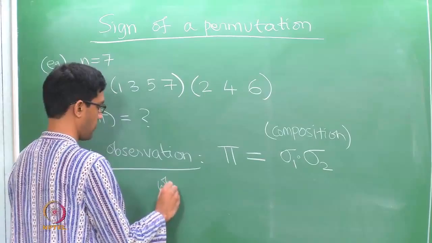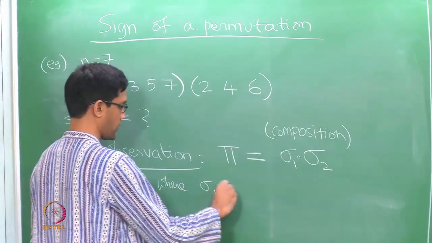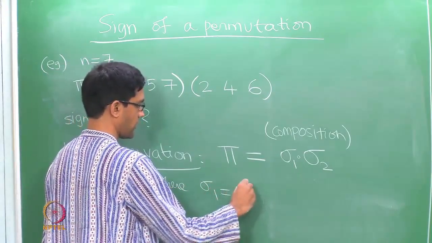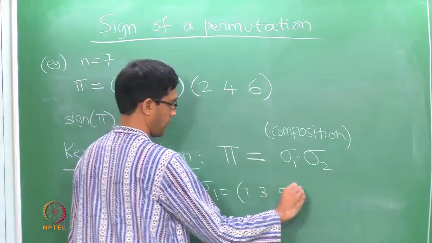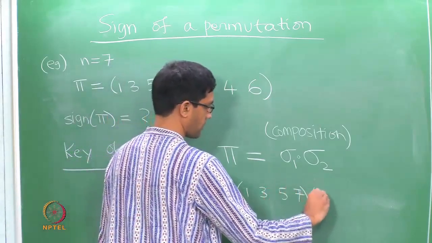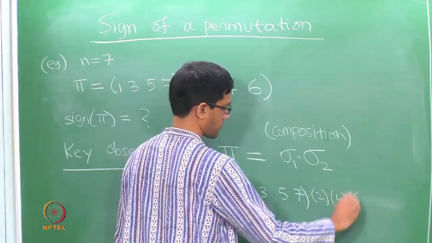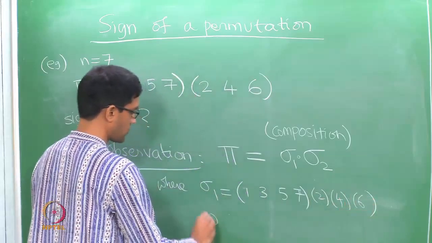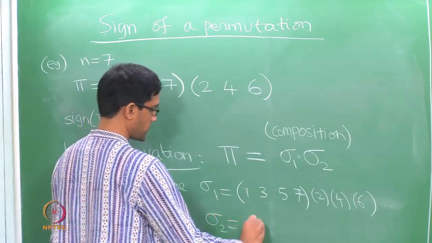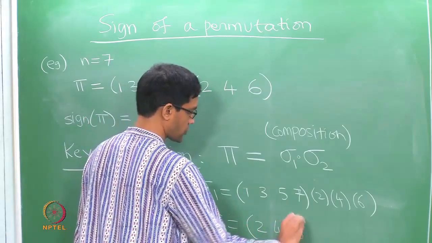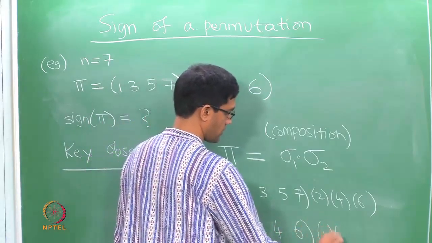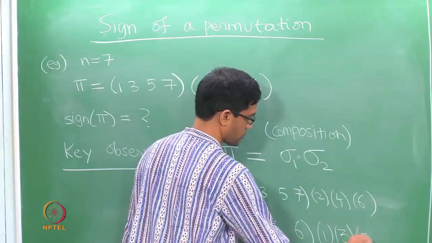Sigma 1 is the permutation that we just wrote out, 1, 3, 5, 7, the 4 cycle, in which the remaining 3 are unchanged, and sigma 2 is the 3 cycle, 2, 4, 6, with 1, 3, 5, 7 unchanged.